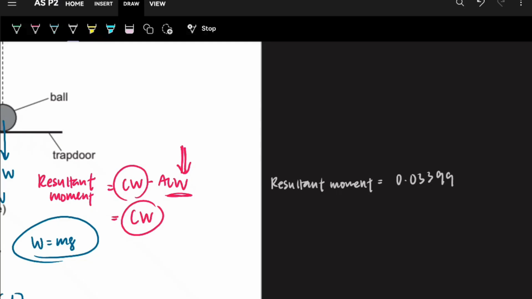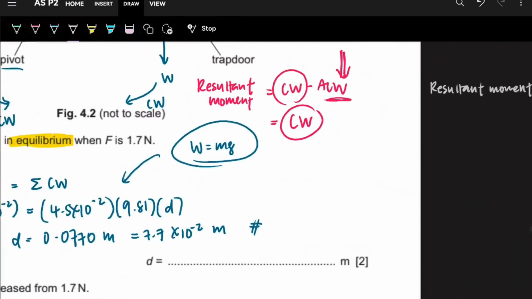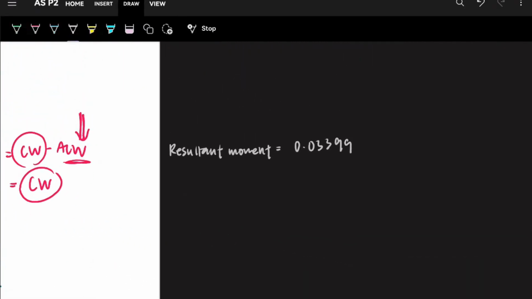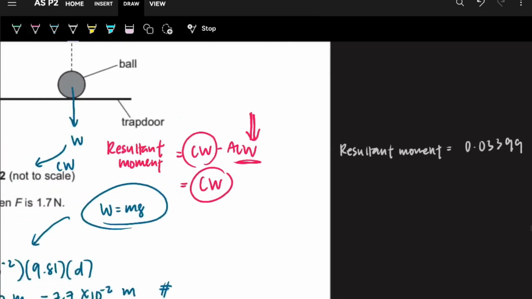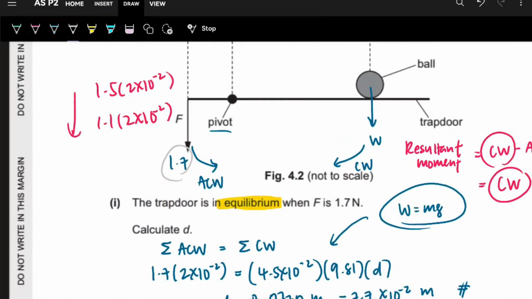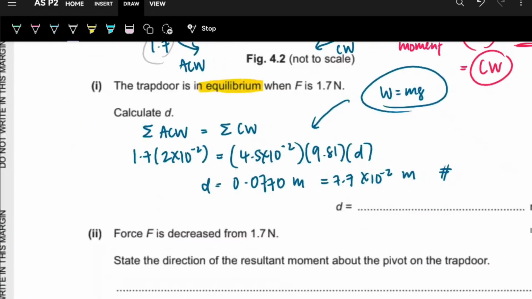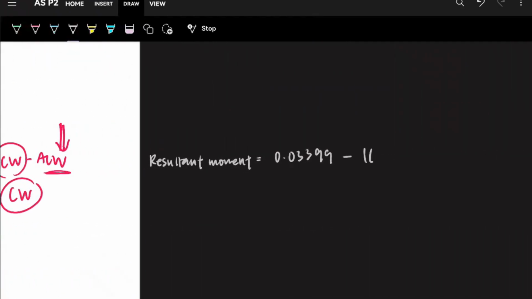This is my clockwise. Now my anti-clockwise, like I said, 1.7 is decreasing. So because they say it's decreasing, just put 1. 1 times 2 times 10 to the power of negative 2. Let's see what you get when you minus this. You will get 0.01399.